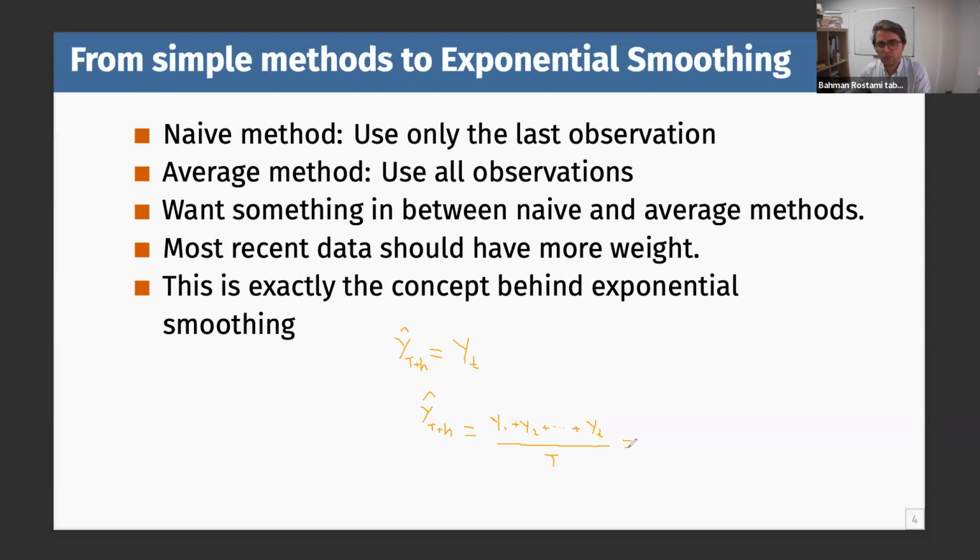So this means we have something like this, 1 divided by T multiplied by Y1 plus 1 divided by T multiplied by Y2, and so on.